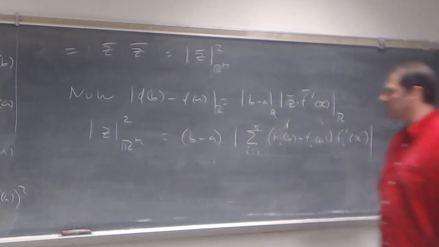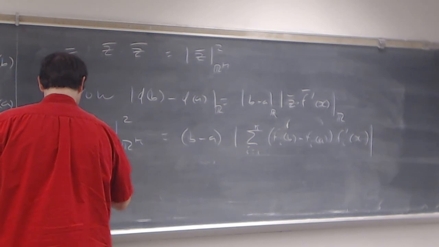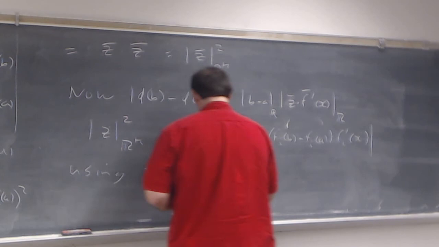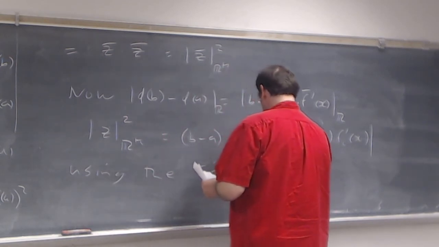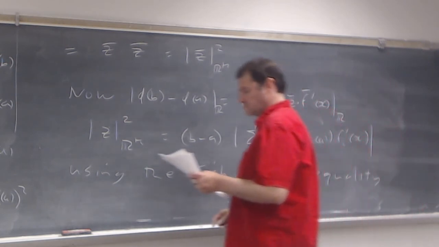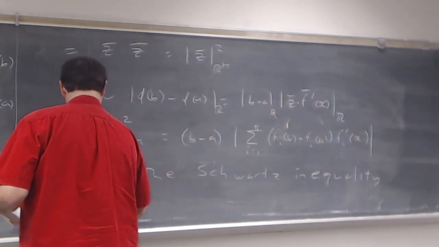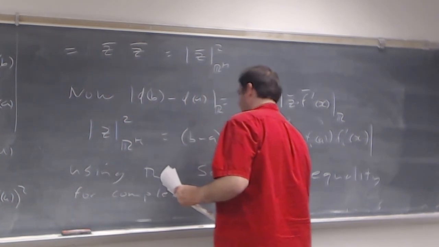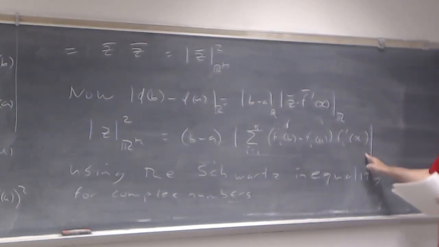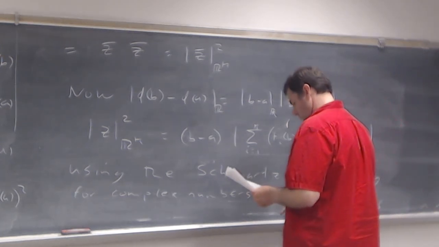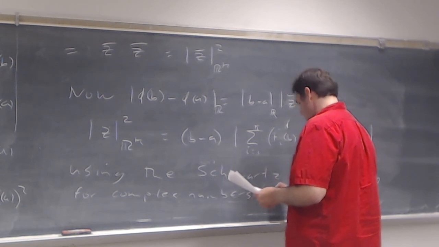Now what we're going to do is use the Schwarz inequality. Oh man, that was in chapter 1. So, using the Schwarz inequality for complex numbers, what I'm working with here are real numbers, but real numbers can be thought of as complex numbers. Let me remind you what the Schwarz inequality is.